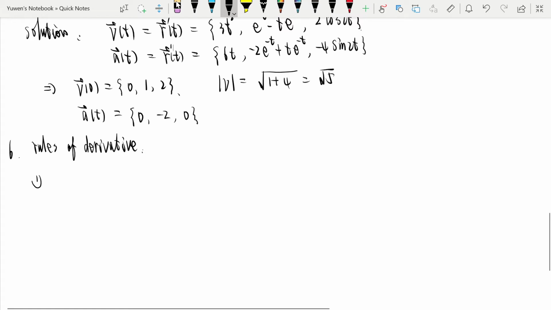The first one is addition and subtraction, u(t) plus v(t). For the derivative of addition and subtraction, take the derivative of the first and the second, then add or subtract.